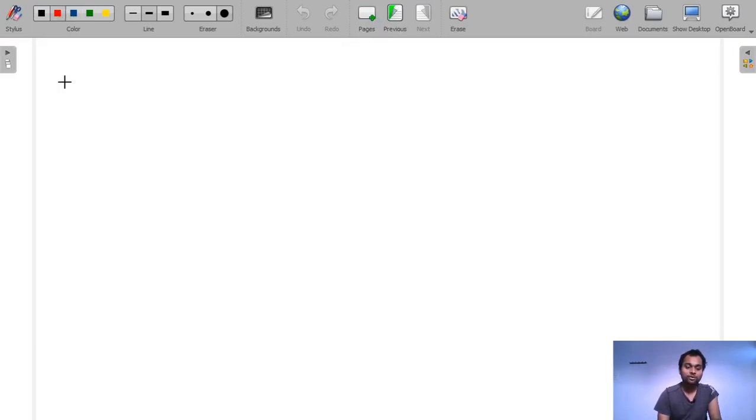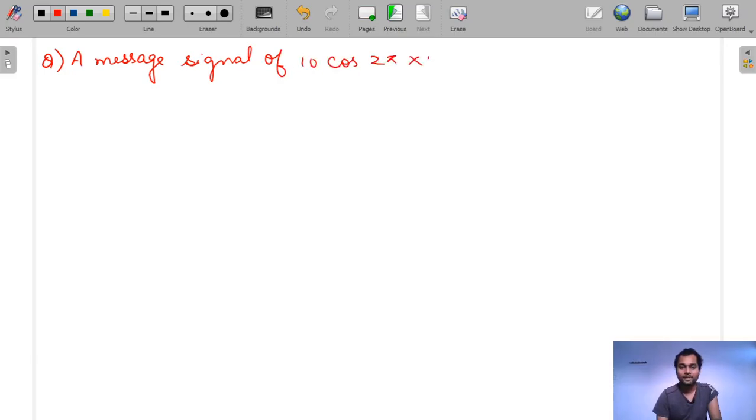So now moving on to the next question. A message signal of 10 cos 2 pi into 10 to the power 5t is given to a PCM system.